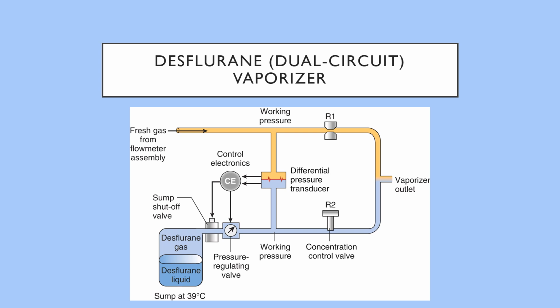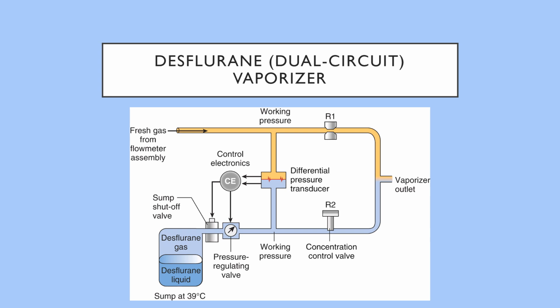The Desflurane vaporizer is a dual circuit vaporizer that provides two independent gas circuits arranged in parallel. The Desflurane reservoir is heated to 39 degrees Celsius, which provides a consistent saturated vapor pressure. The output is controlled by the concentration control valve, which controls that R2 variable restrictor.